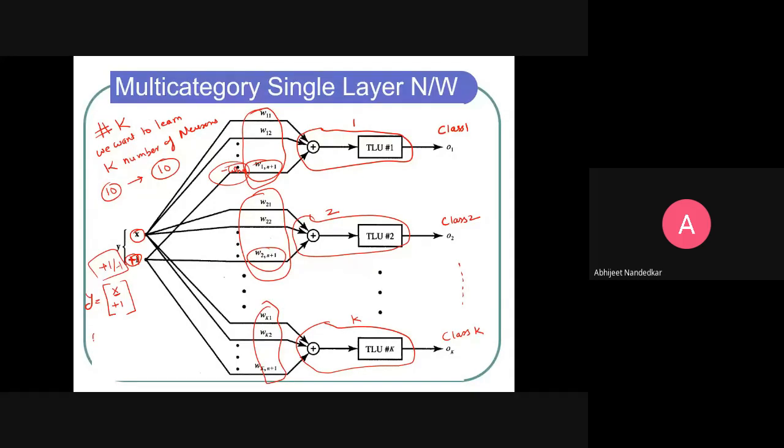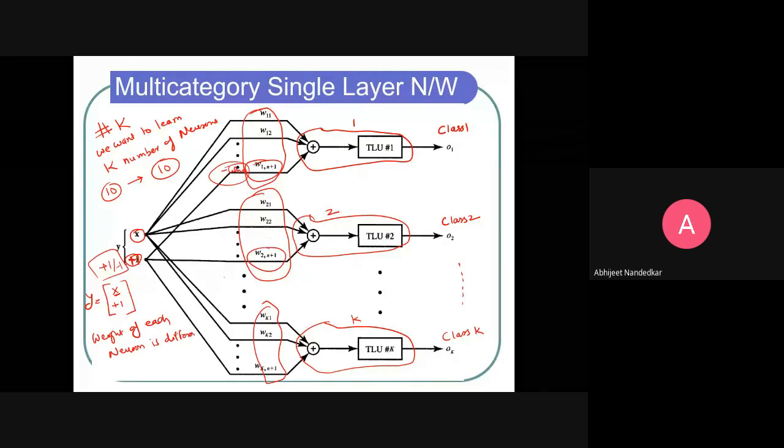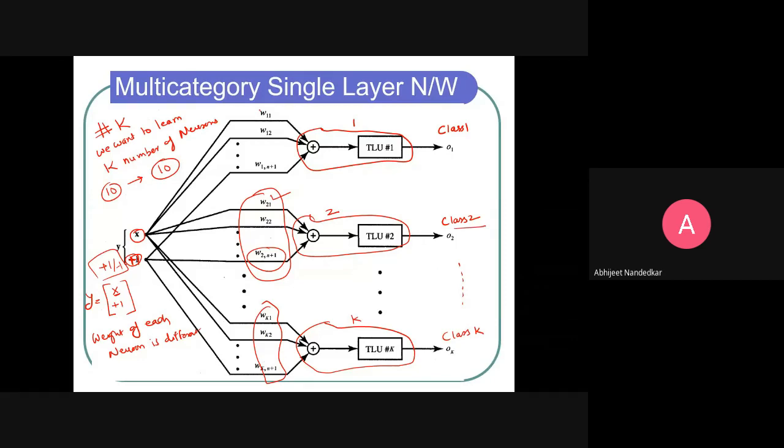The weight of each neuron is different, and is responsible for that particular class. Say this is the weight here responsible for class 1, this is the weight here responsible for class 2, and so on.